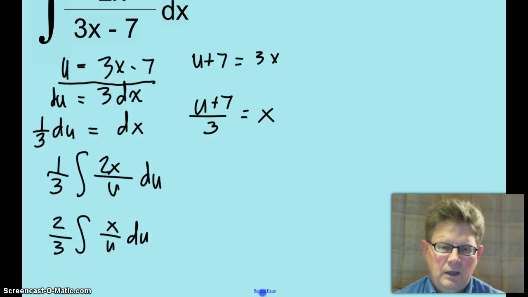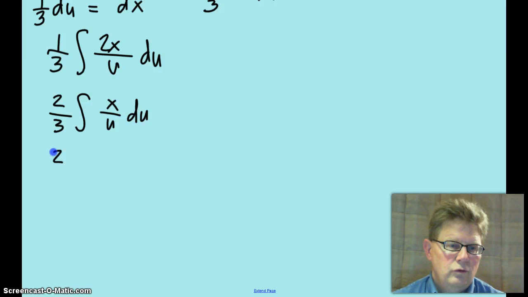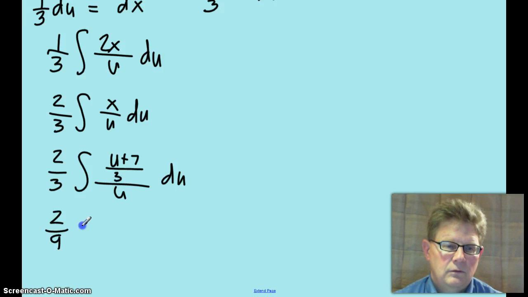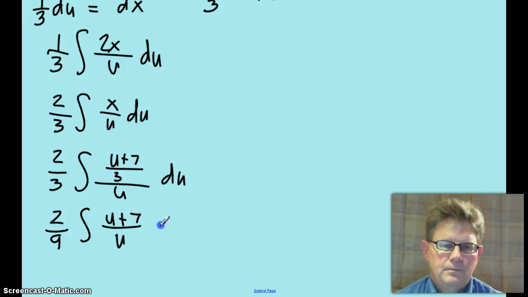Alright, let's extend the page down. 2/3 times the integral of u plus 7 all over 3, all over u du. Pull out a 1/3: 2/9 times the integral of u plus 7 over u du.